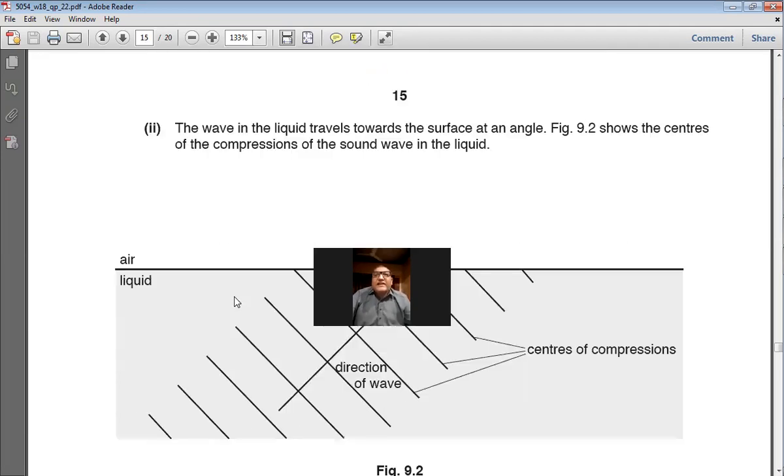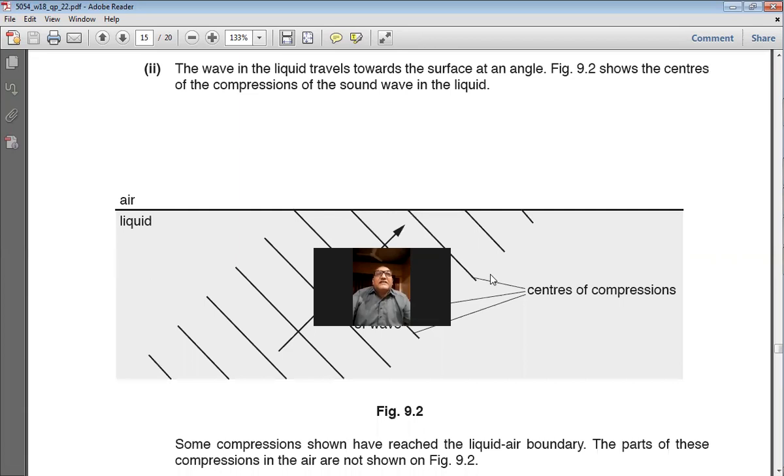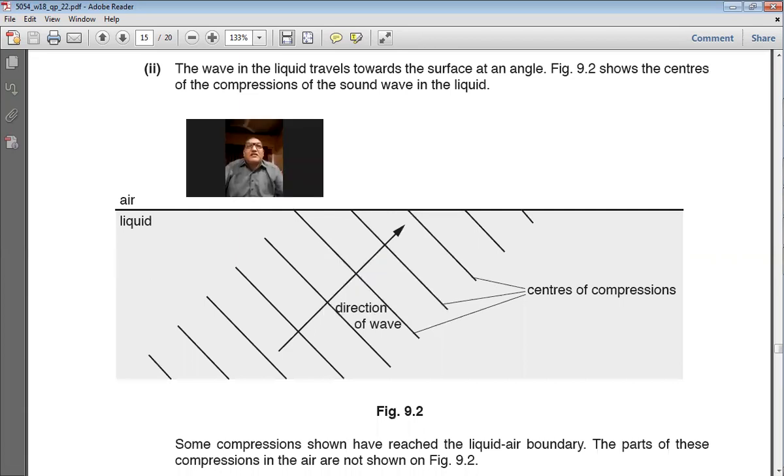So speed will decrease. The wave in the liquid travels toward the surface at an angle. Figure 9.2 shows the centers of the compressions of the sound waves in the liquid. Some compressions shown have reached the liquid-air boundary. The parts of these compressions in the air are not shown in figure 9.2.